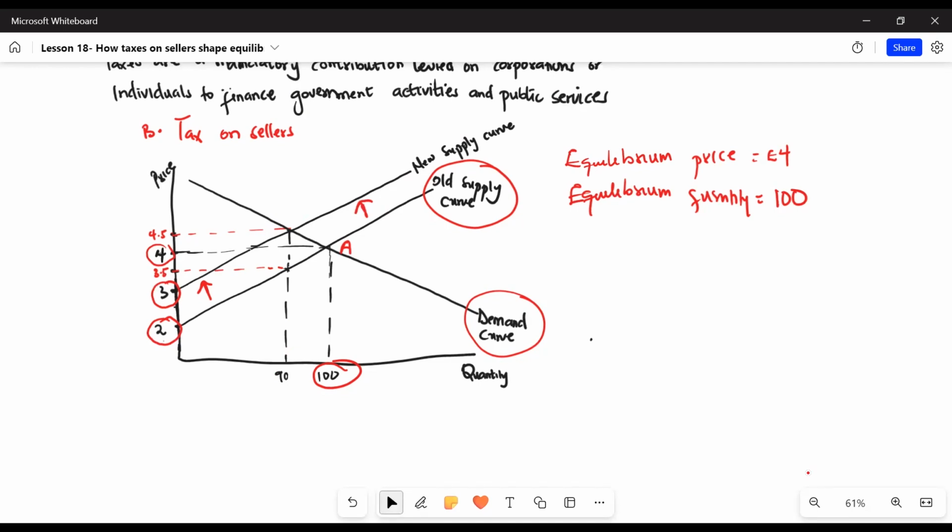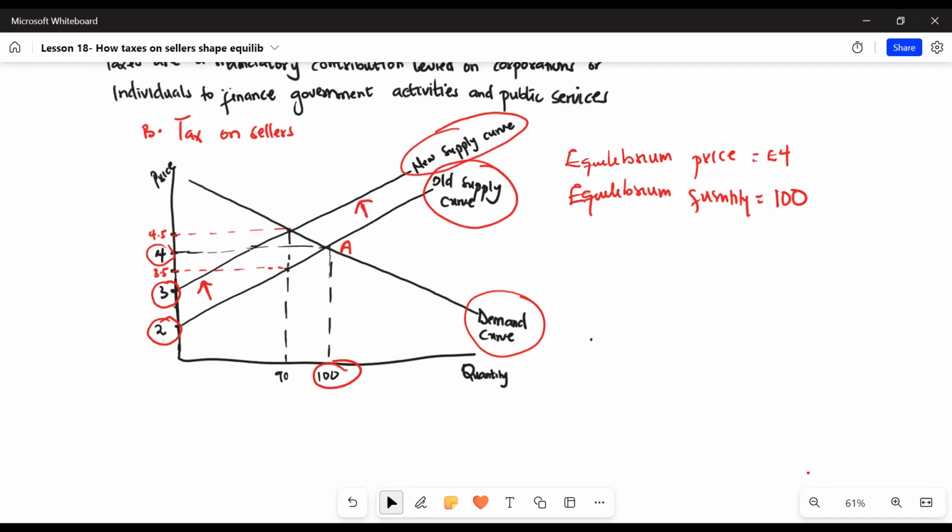A simple explanation for this is that since the supply curve is the marginal cost curve, if the marginal costs are £1 higher, then the supply curve must shift £1 up. So this is represented by a shift from this old supply curve to a new supply curve, and our intersection here increases by £1. Now, taxes raise marginal cost for sellers by £1. So they will only sell if the price is £1 higher for each apple.